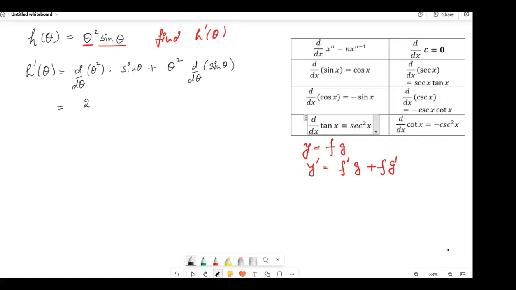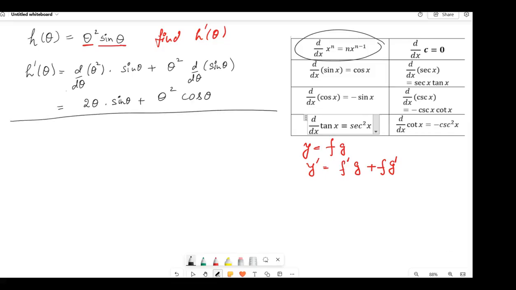Theta square's derivative is 2 theta using the power rule, times sine theta as is, plus theta square, derivative of sine theta is cosine theta. And really, there's nothing much to do, so that's about it for your answer. You can't really simplify any further.